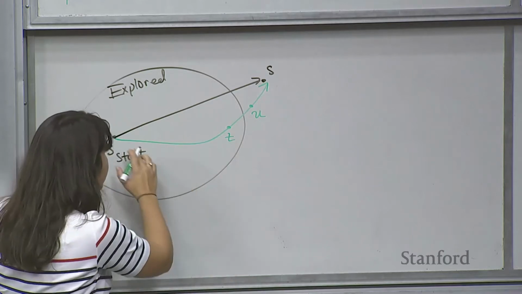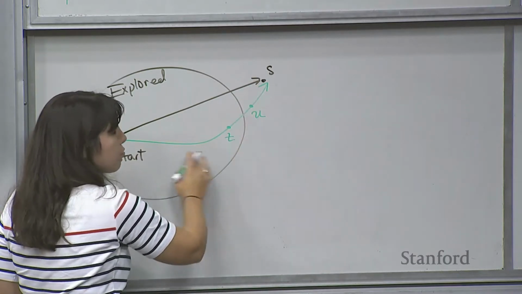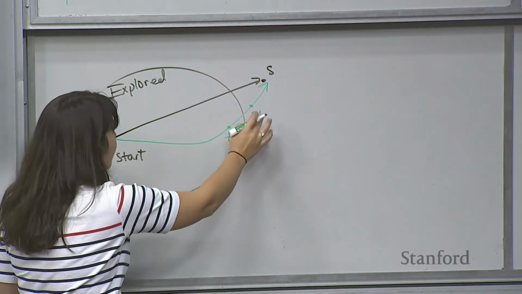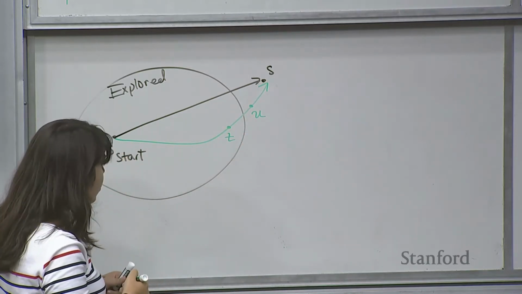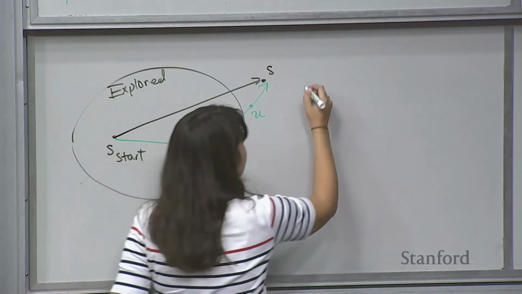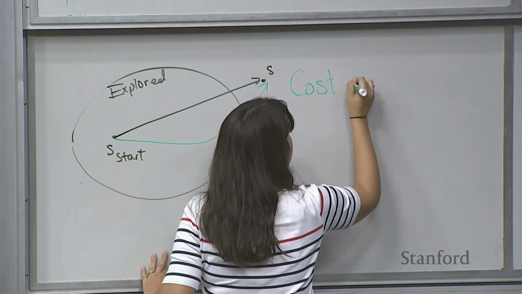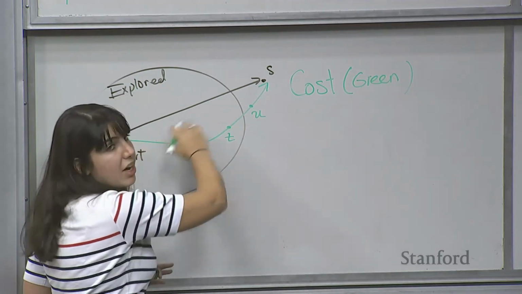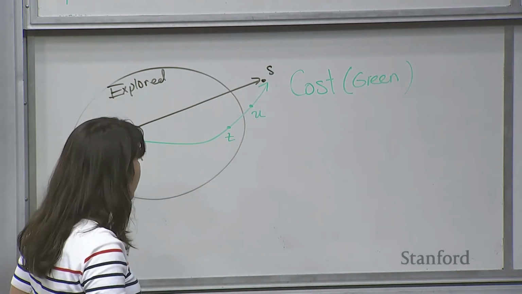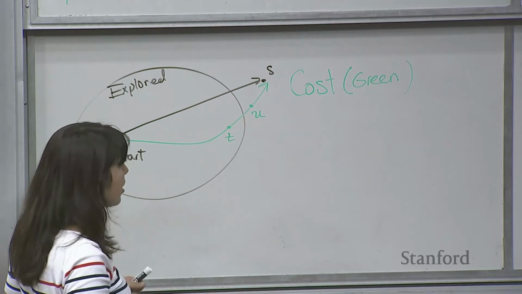The point is, if I have this other path that goes through to S, it needs to leave the explored set from some state T. What I want to show is that the cost of the green line is greater than the cost of the black line. What is the cost of the green line?